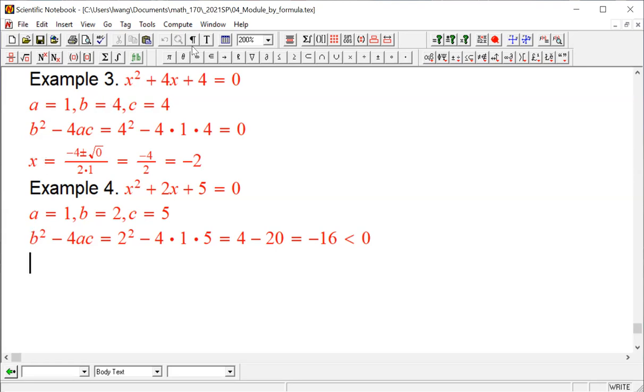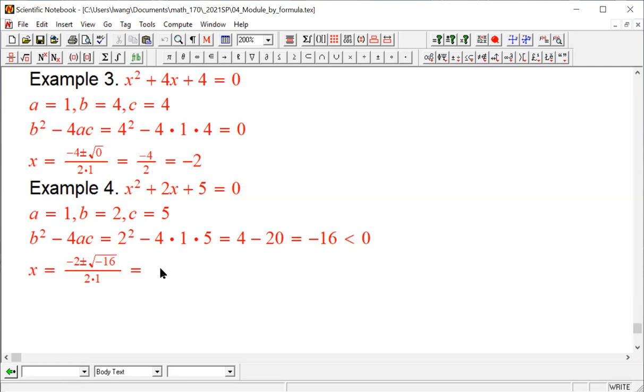The solution would be x equals negative b plus minus the square root of b squared minus 4ac, all over 2a, so 2 times 1. Underneath the square root, we got negative 16. We get the square root of negative 16.